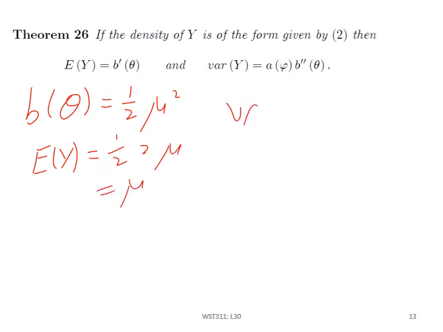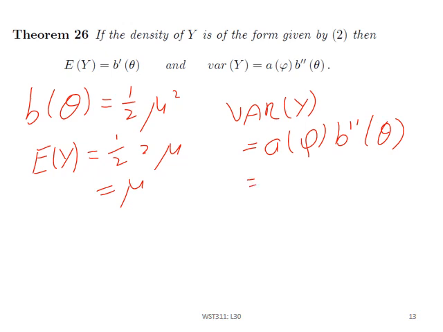The variance of this random variable which follows a normal distribution will be a, the scale parameter, times the second order derivative in the value of theta, and we saw that a of the scale parameter is just equal to sigma square in the normal distribution, and the second derivative will only be equal to 1. So the variance of the random variable y is just sigma square, using this result from theorem 26.